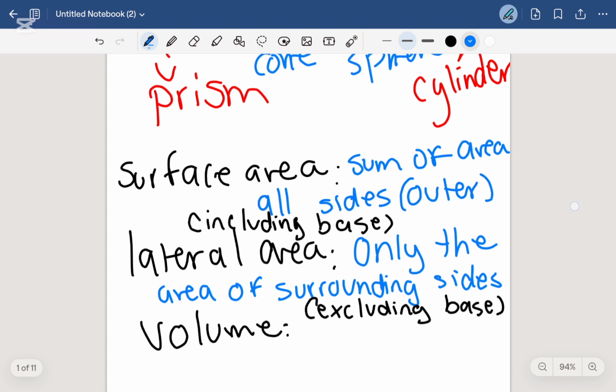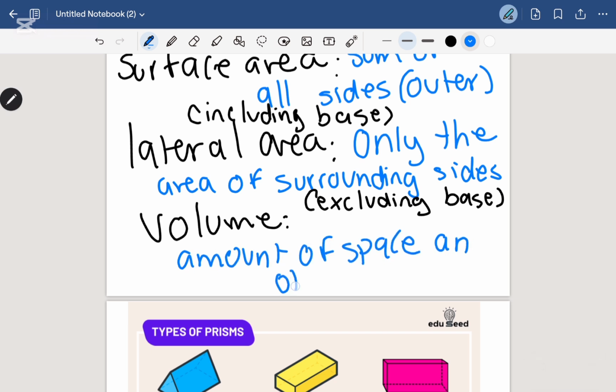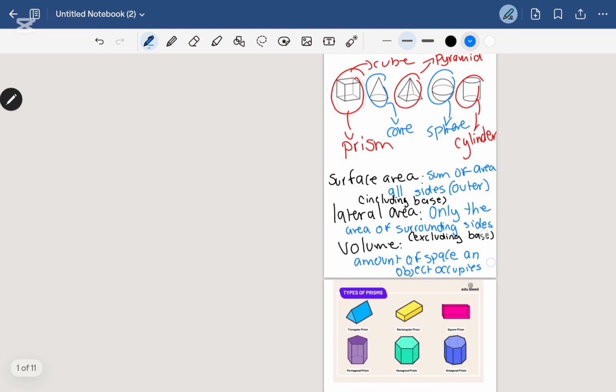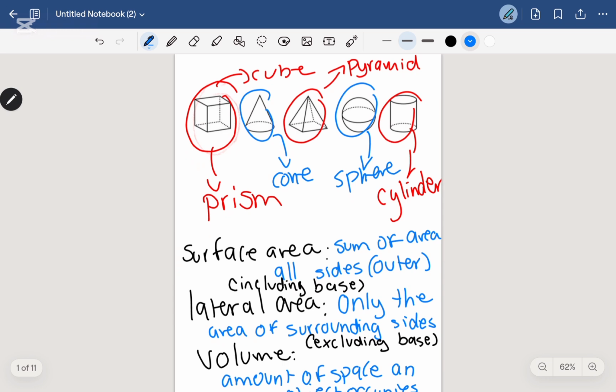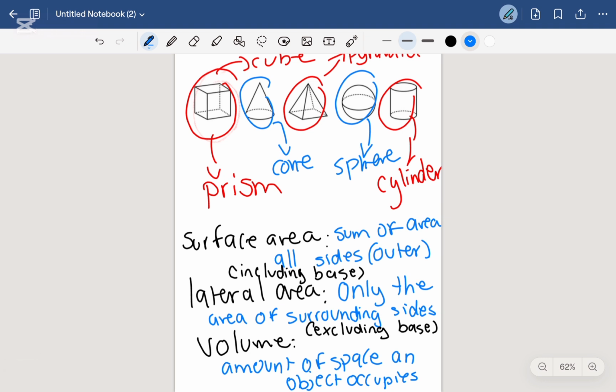And then finally, the volume of anything is the amount of space an object occupies. Okay, so very simply, we just defined surface area, lateral area, and volume. Hopefully it will clarify. So surface area is the sum of all sides, including the base.